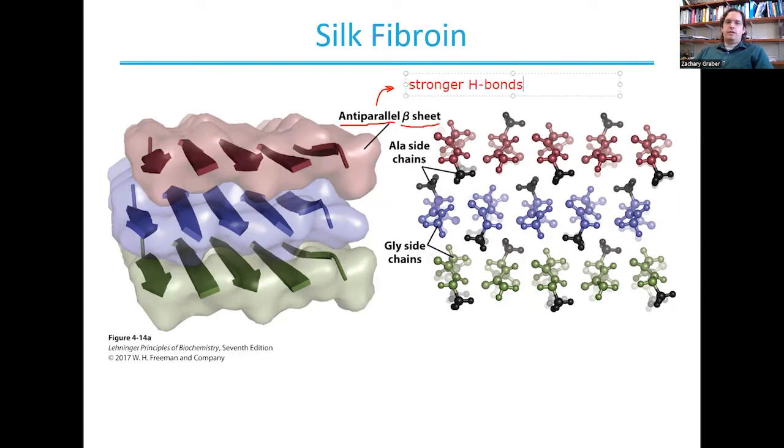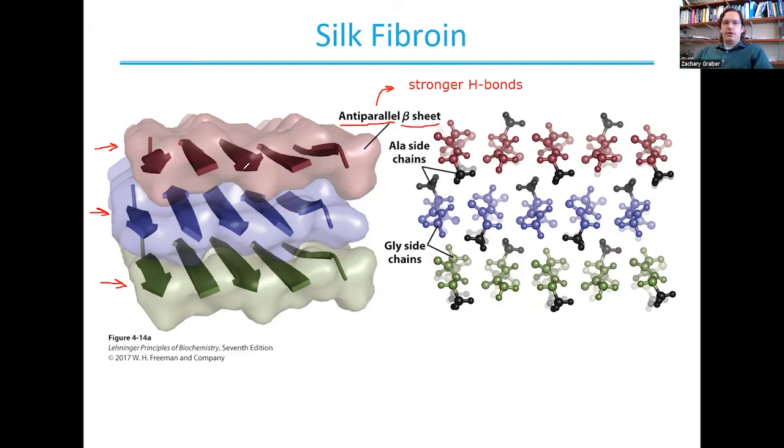So we have stronger H bonds there within each of our individual beta sheets. And then we're stacking our beta sheets on top of each other to create this silk fibroin structure. All right, so notice you have this beta sheet marked in red, stacked on top of our blue, and stacked on top of our green beta sheet. So all of these beta sheets are stacked on top of each other to form our overall protein structure.